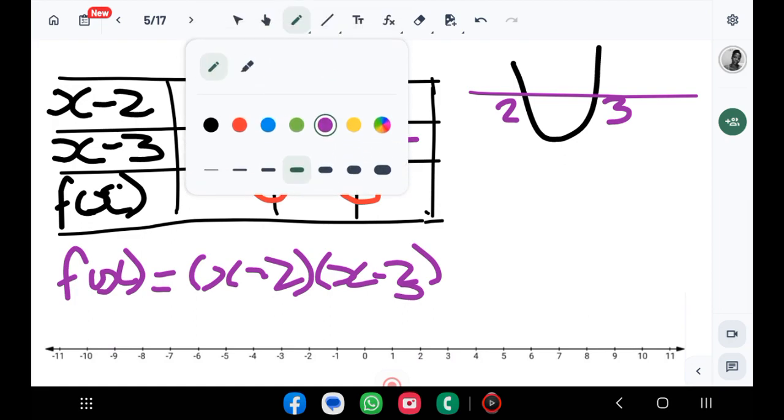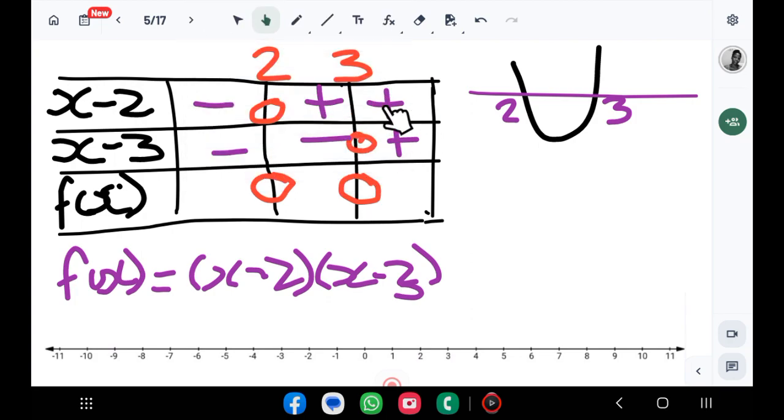In the first region, where x is greater than 3, your x minus 2 is positive and your x minus 3 is positive. So when you want to figure out the sign of f of x in that region, it's very easy. This is positive, and that is positive. You multiply the two, positive times positive, and that gives you positive.